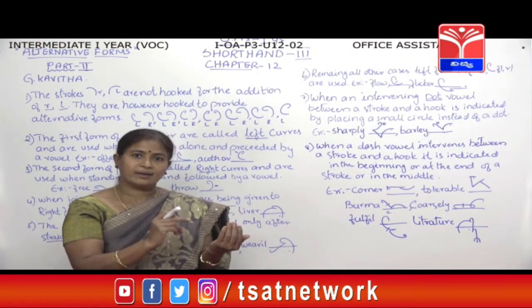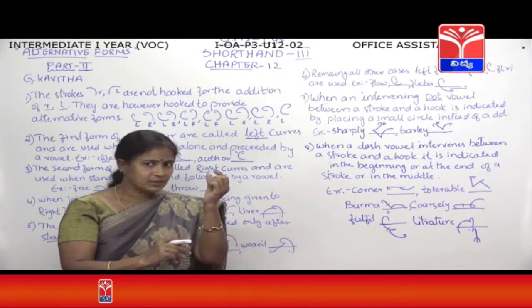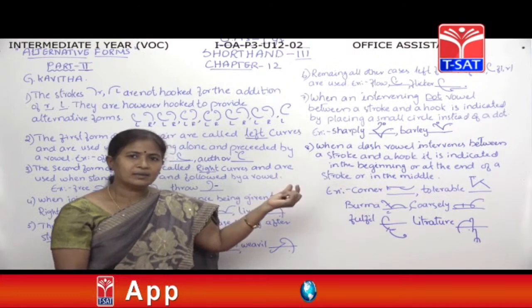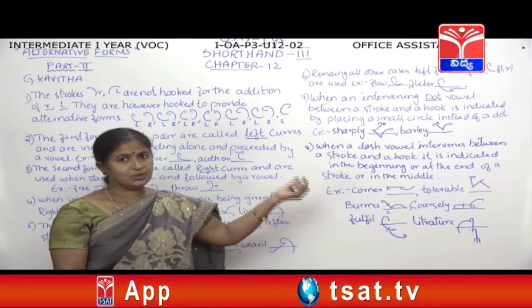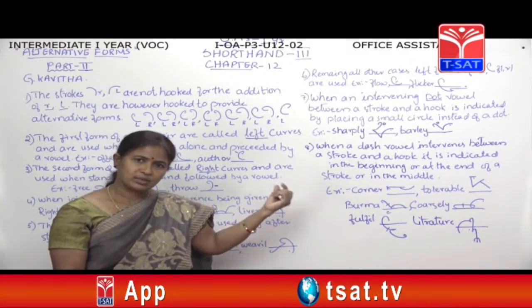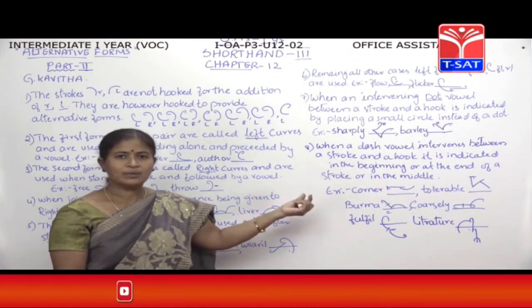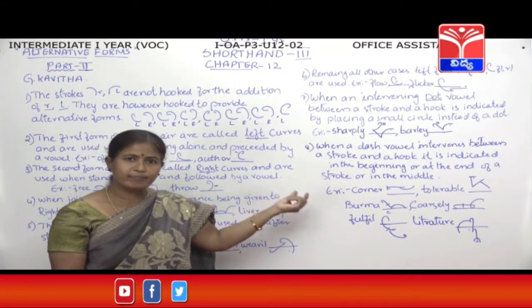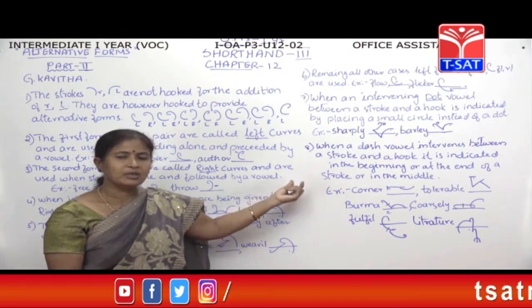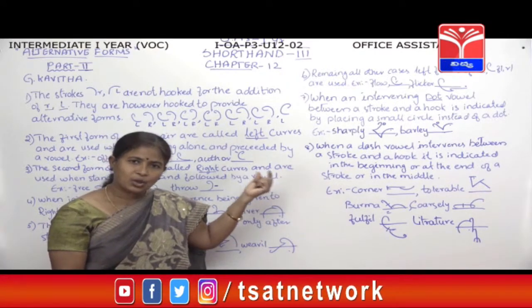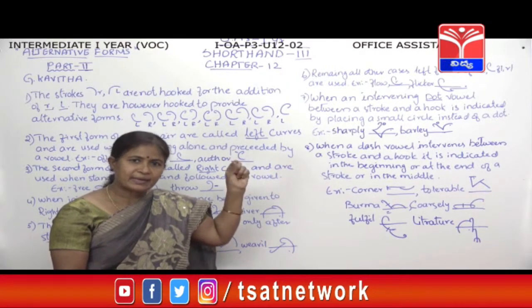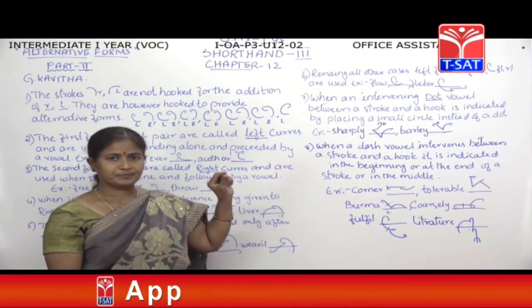But if any vowel comes in between a stroke and a hook, either a dot vowel, first place, second place or third place, or a dash vowel, if it intervenes between a stroke and a hook, it is indicated. If it is a dot vowel, a small circle is placed instead of a vowel.